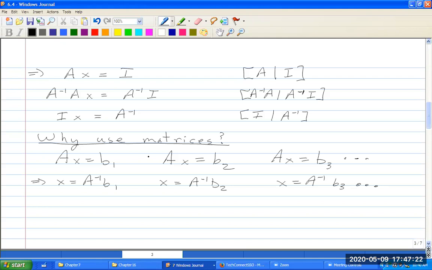There's a lot of work to find the inverse matrix, but if you have to do it 3 or 4 times, then it's certainly much more efficient to find the inverse matrix first, rather than having to solve these equations over and over again.